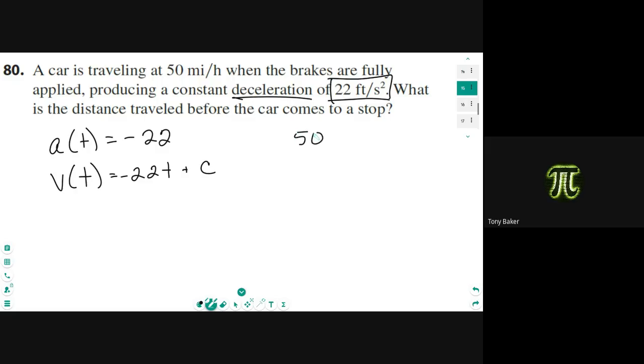So 50 miles, a mile is 5,280. And we divide it by 60 minutes and 60 seconds to change it into feet per second. And we get 220 over 3, which is the exact number you came up with.